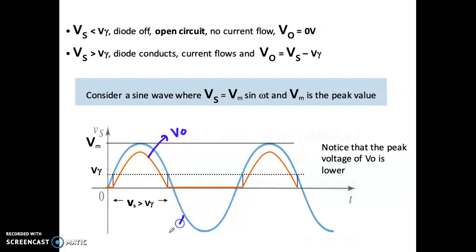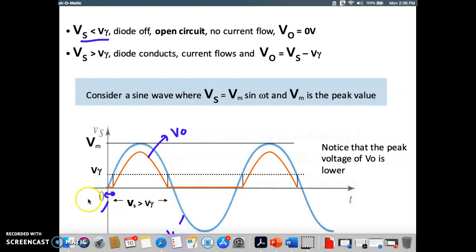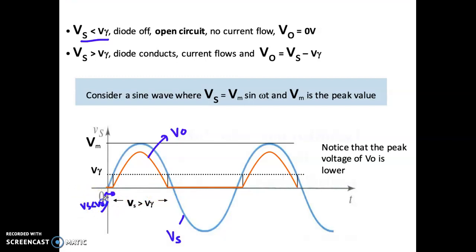The blue is actually your V input Vs. So when your Vs is still less than V gamma, at this area, your diode will be off because it's not enough to turn on, right? So that's why here it will be 0. Okay. At this area, it happens when your Vs is more than V gamma, right? And it starts to turn on, and that's why you get your V out here equal to Vs minus V gamma.